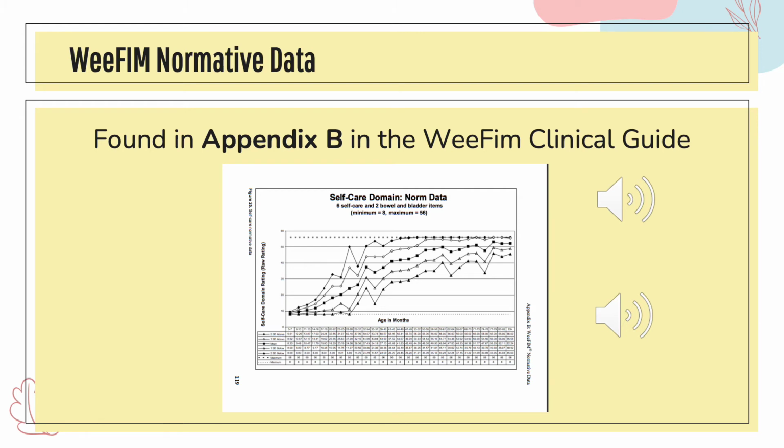Okay, you got the score, so now let's look and see, are they right in queue with them? Are they a little behind? It's really great to see where they are in relation to a child that is developing typically at the same age. I also want to mention that this can be found in Appendix B in that WeeFIM clinical guide.